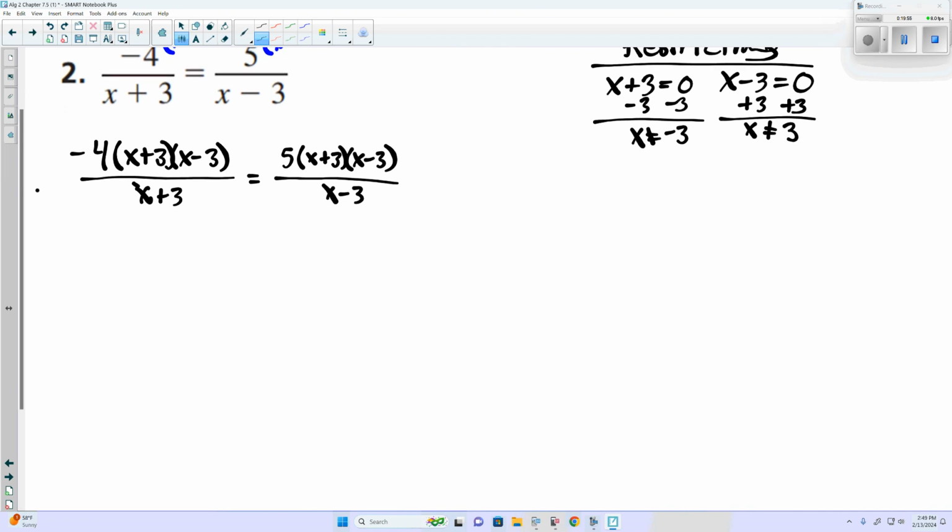Well, the first one here, x plus 3 over x plus 3 is 1, leaving us with negative 4 times x minus 3. So just like the first one and all the ones we've done, we're essentially doing that step. But since we know x plus 3 over x plus 3 will reduce, and on the other side, our x minus 3 and x minus 3 will reduce, we can go on and cancel it out and jump to this step. We're just skipping that step.